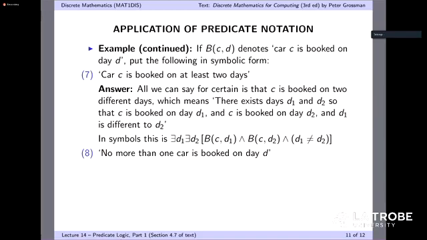So only one car is booked on that day. Make sense? They are the same car, actually. It's one car only. So this is the way of forcing something to be equal. Any questions?